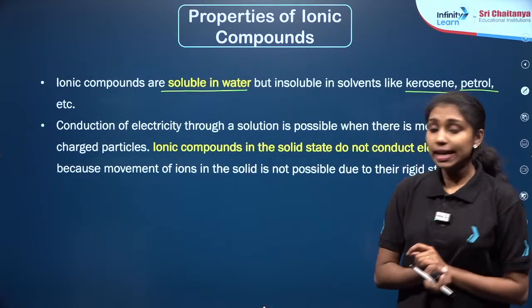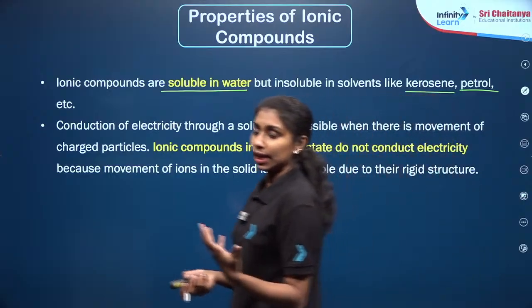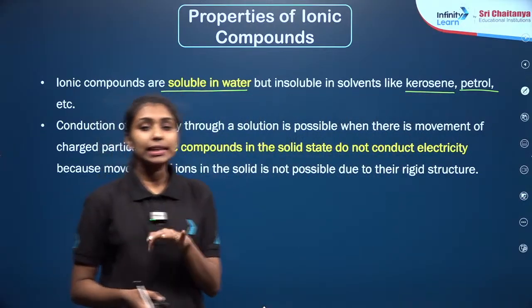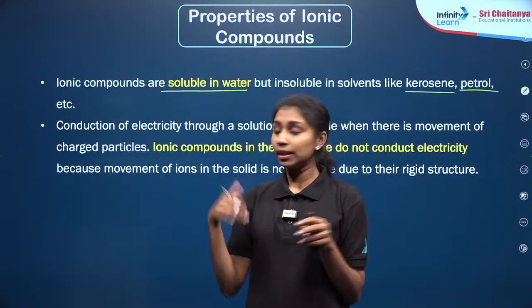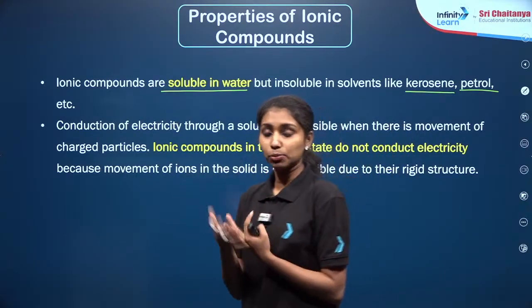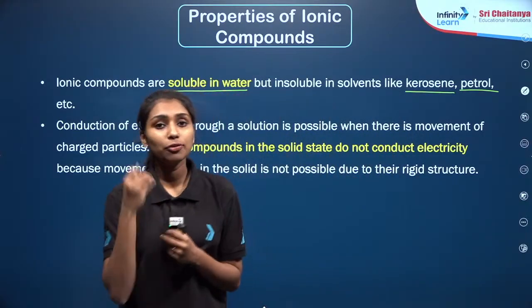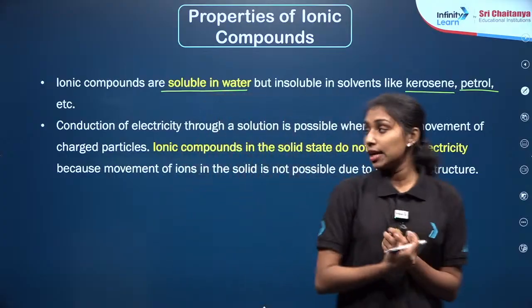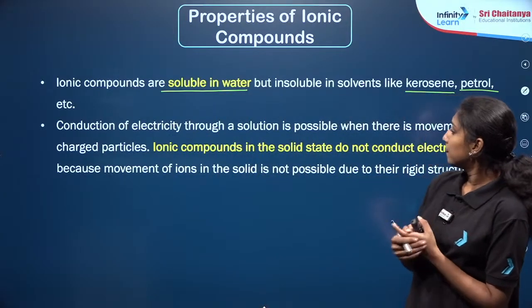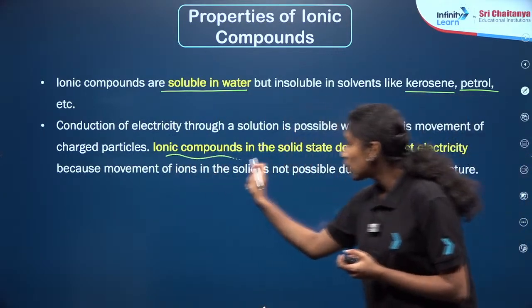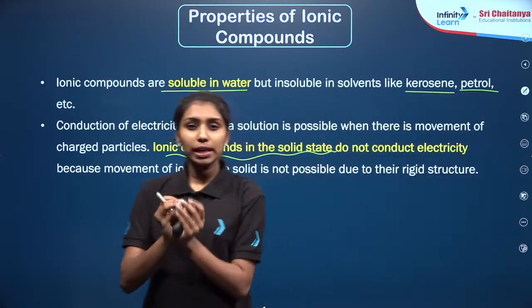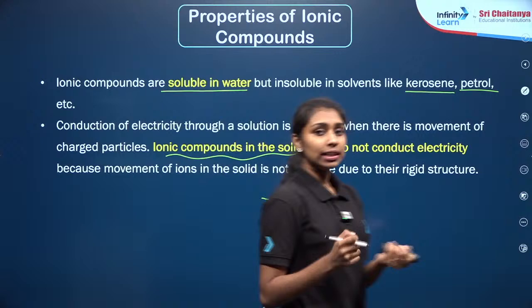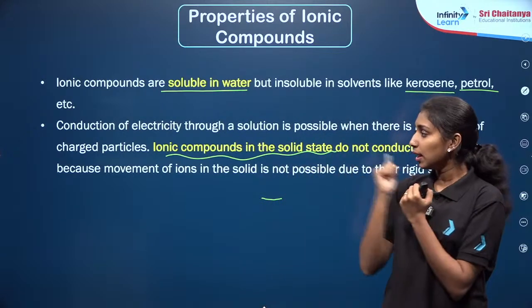The next property is the conduction of electricity, whether these ionic compounds conduct electricity. As you already know from the physics part, electricity means movement of electrons, right? So, we need free electrons to conduct electricity. If you take ionic compounds in the solid state, such as sodium chloride, there is a closely packed arrangement of the atoms.